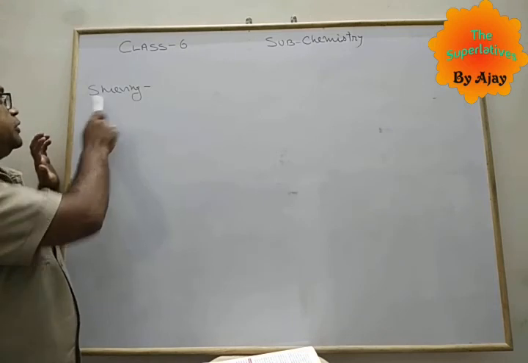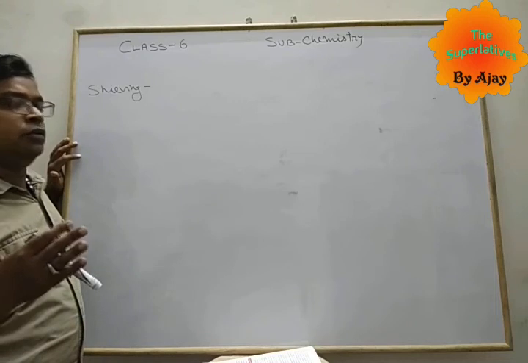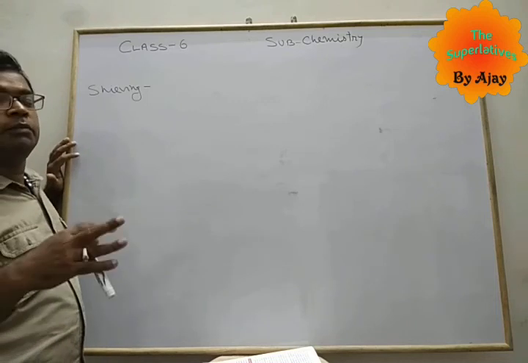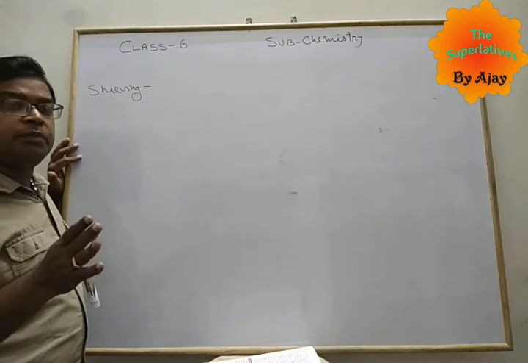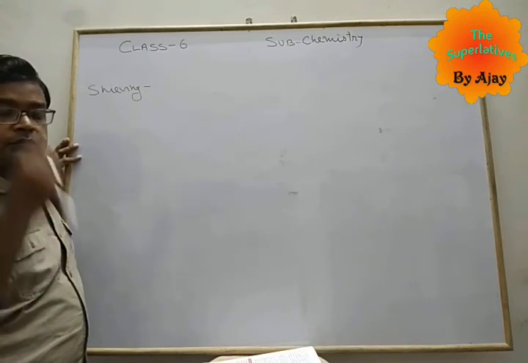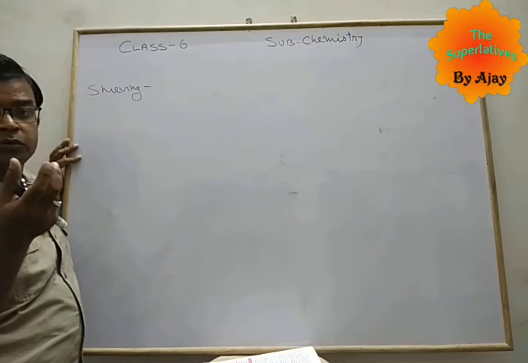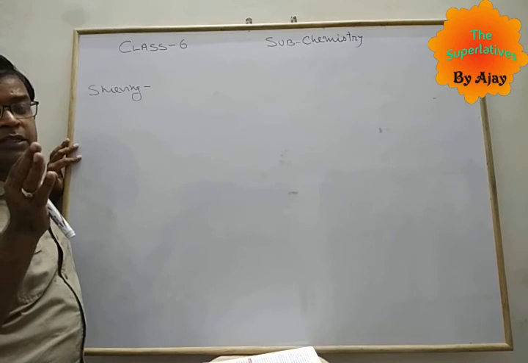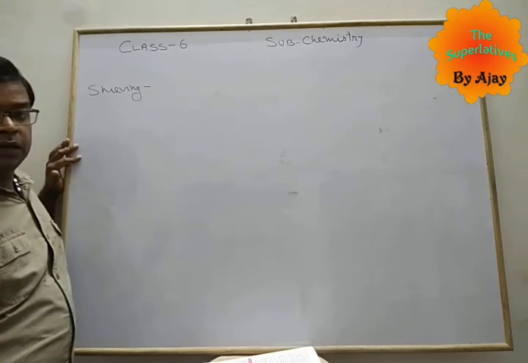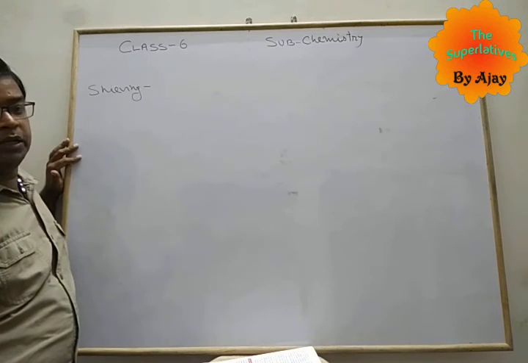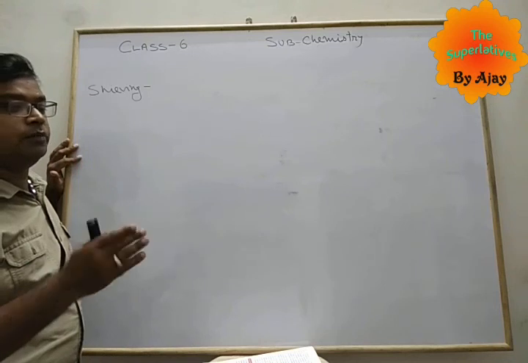Now we are going to discuss those physical means. First one is sieving. You people observe at construction sites, when a building is being constructed, laborers sieve the sand so that they can easily separate the larger stones and larger sand from the fine particles of sand.